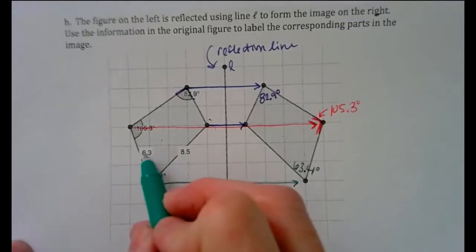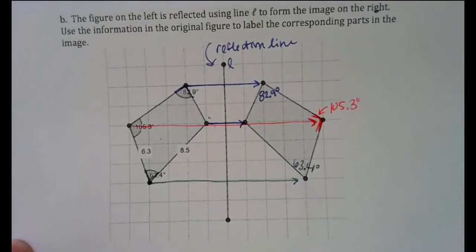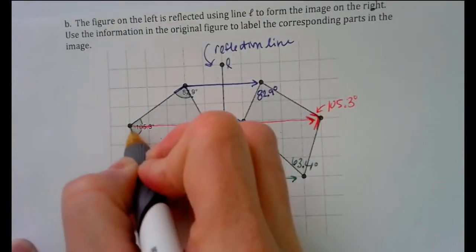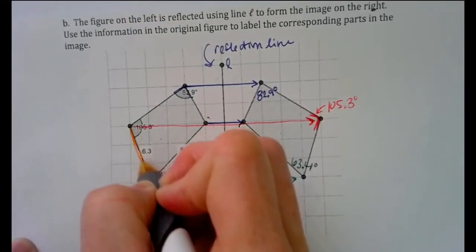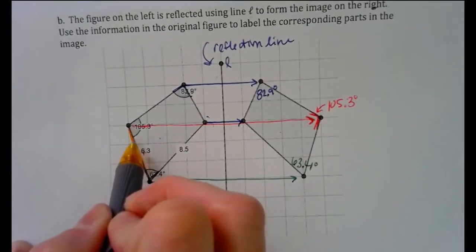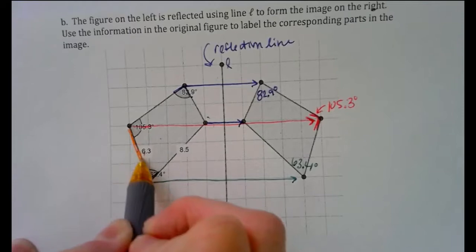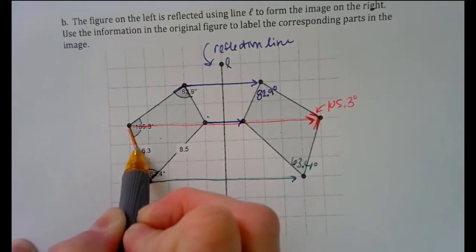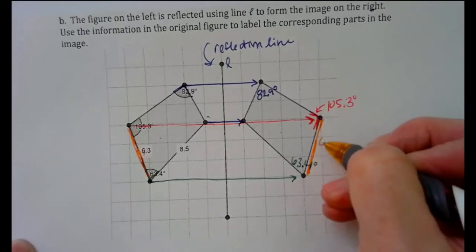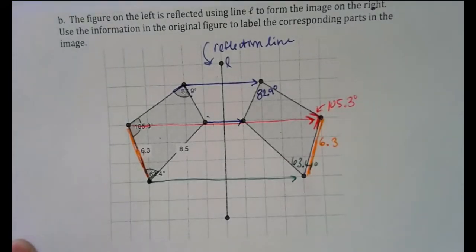Now there are some side lengths also. Okay, so this side right here, this side length is 6.3. The corresponding side length, so this is on the left side, it corresponds over here. So this would be 6.3.